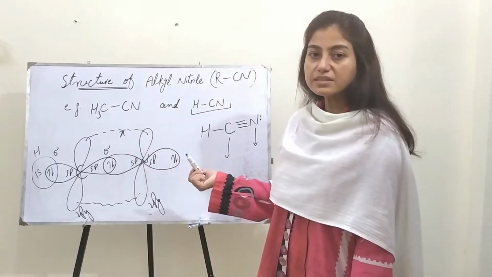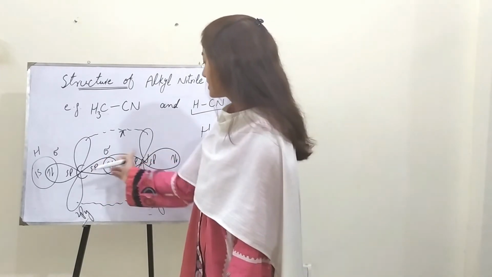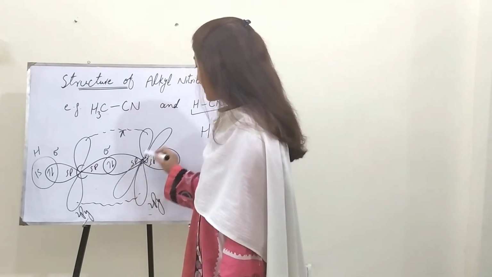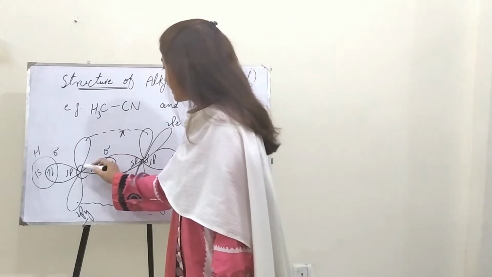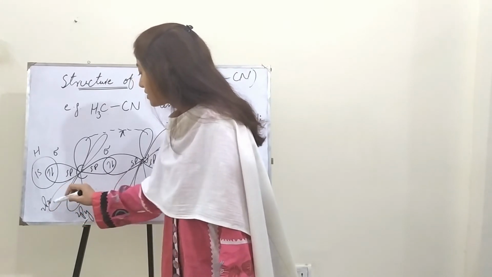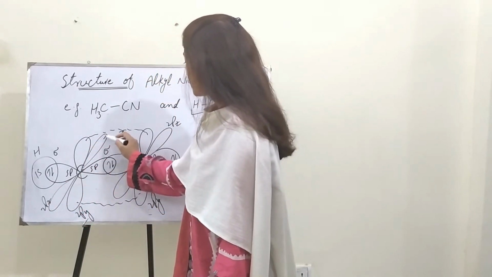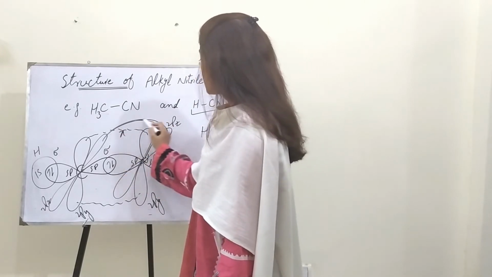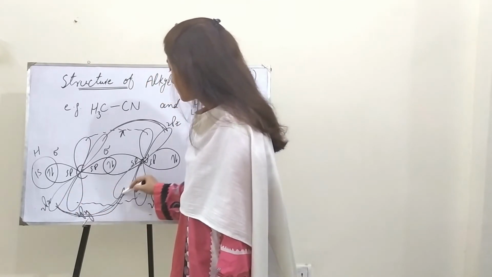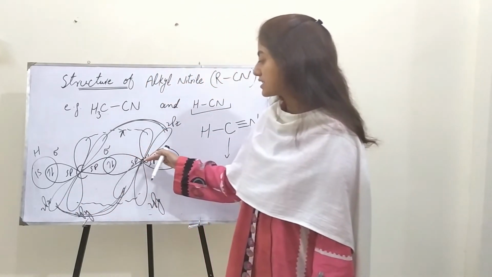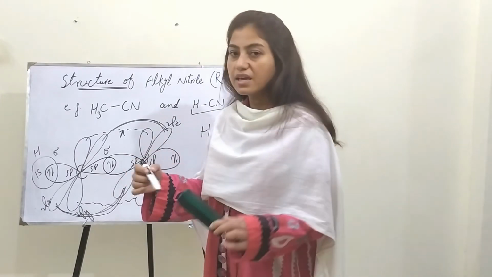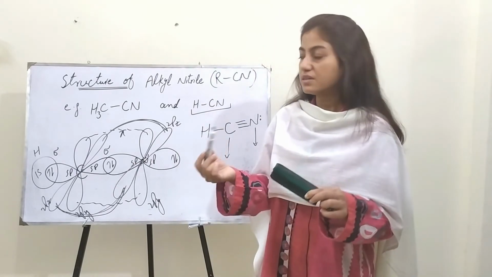And there is another unhybridized orbital in both of these atoms, carbon and nitrogen. Here this is the unhybridized 2pz orbital, and here this is the unhybridized 2pz orbital. So both of these would also interact with each other to form another pi bond. The pi cloud is actually above and below the sigma bond, because it is along all sides of the vicinity.